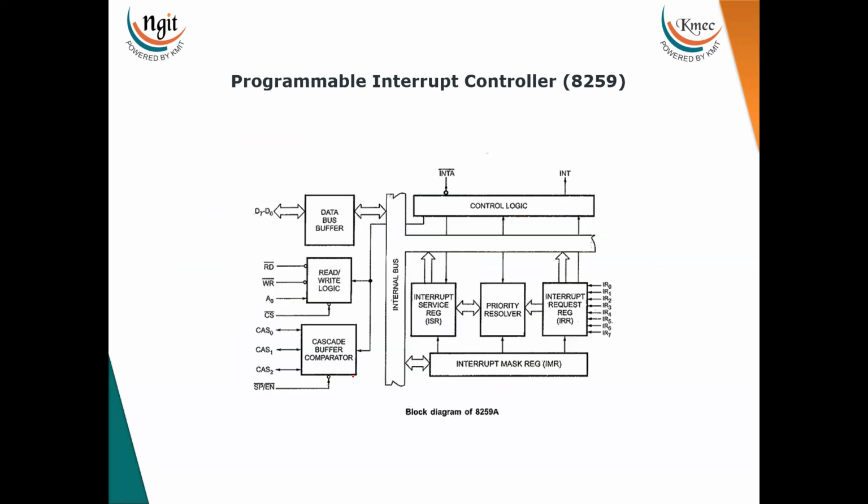Now we will see the block diagram of the 8259. Inside the 8259, these are the blocks it has. Now coming to the data bus buffer. This data bus buffer acts like a mediator between the 8085 and the 8259, since the 8085 data bus is connected to the 8259.